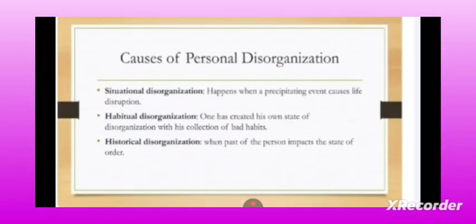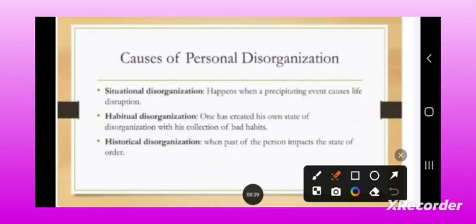Causes of personal disorganization. Situational disorganization is caused by a sudden precipitating event, a life crisis. Habitual disorganization is caused by a collection of self-created bad habits. Historical disorganization is caused by past trauma or events that impact the current state of life or order.